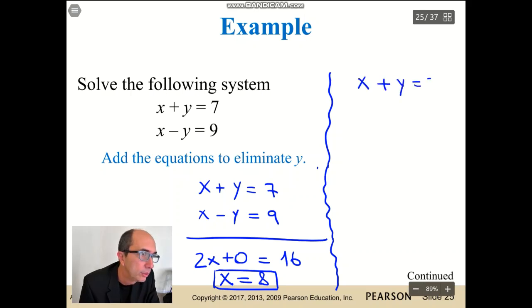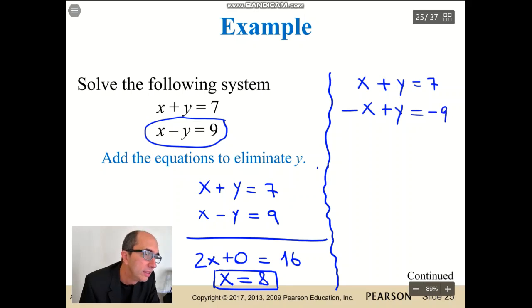x plus y equals 7. Then you're going to use the second equation, but you multiply both sides by -1. Multiplying both sides by -1, you're going to have negative x plus y equals -9. Now you add both equations: x minus x, 0; y plus y, 2y equals 7 minus 9, -2, so y equals -1.